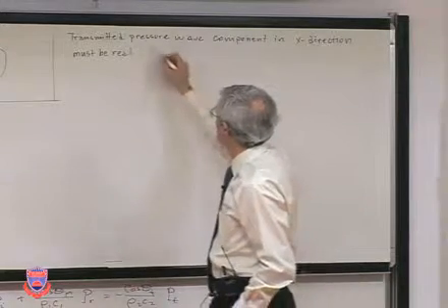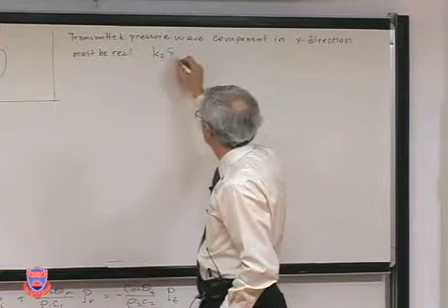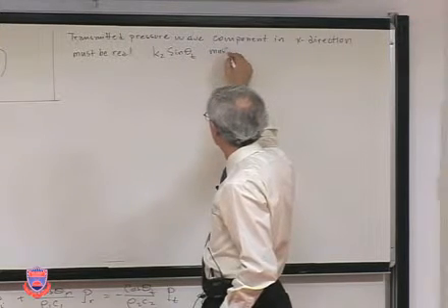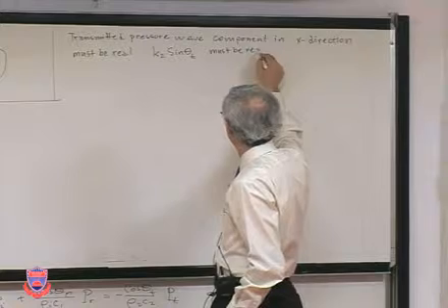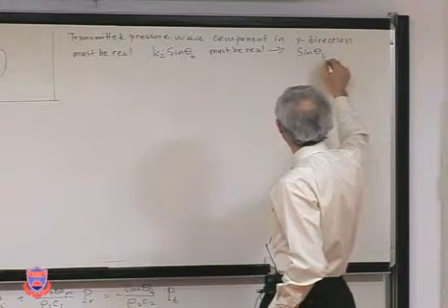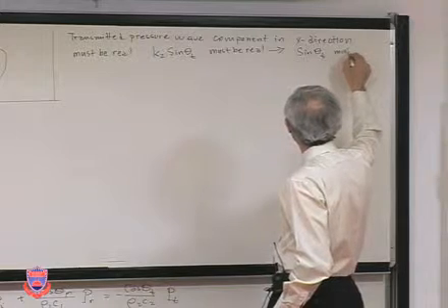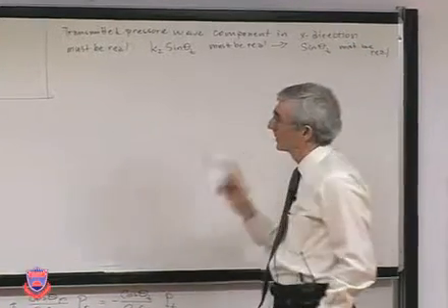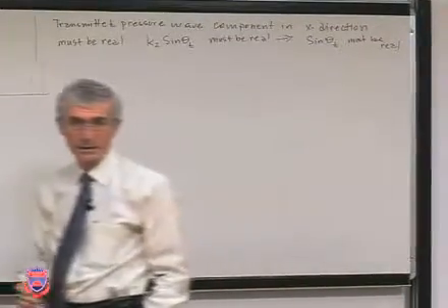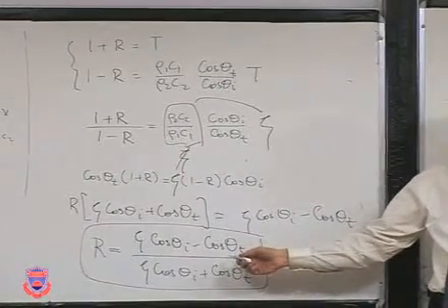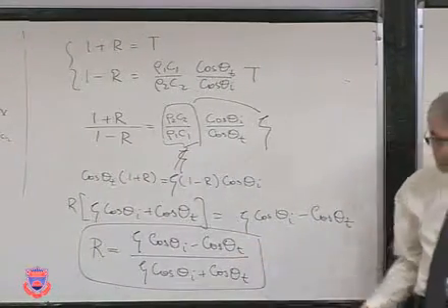And what that means is k2 sine theta t must be real. And from here we say sine theta t must be real. Okay, if that's the case, what we need to do is write cosine theta t in terms of sine.